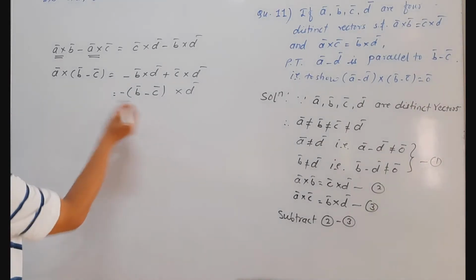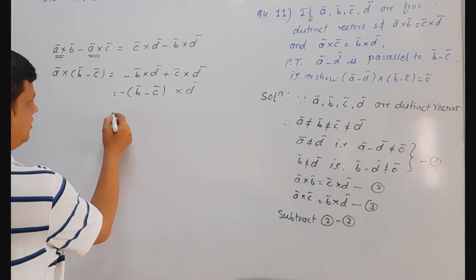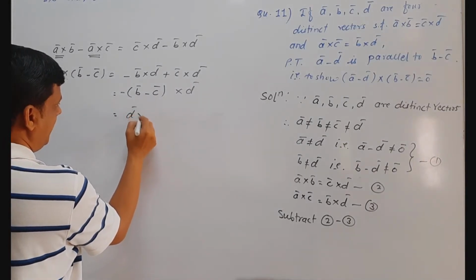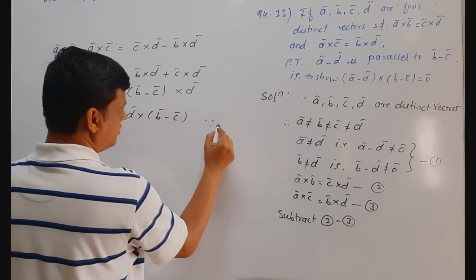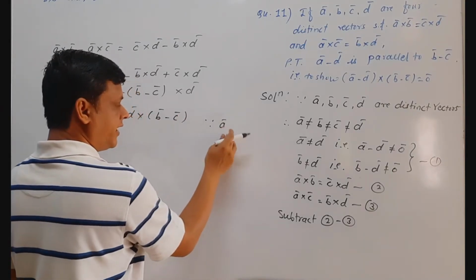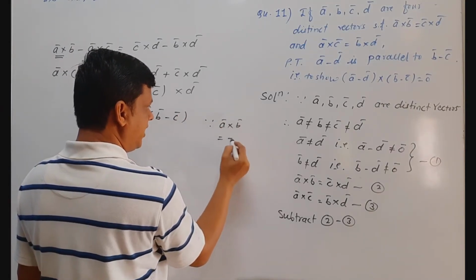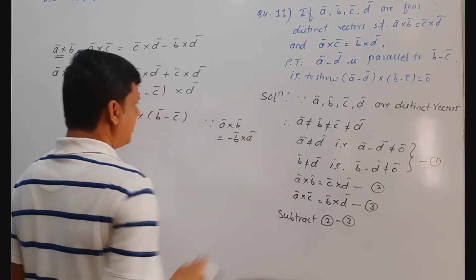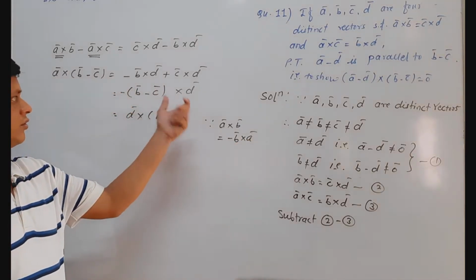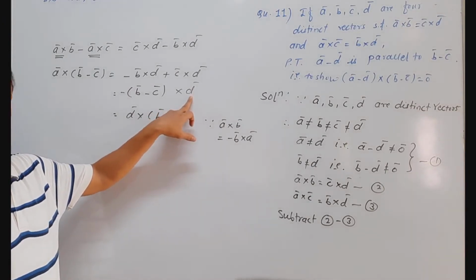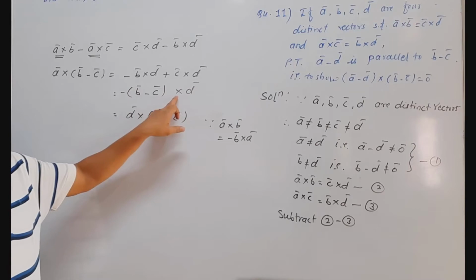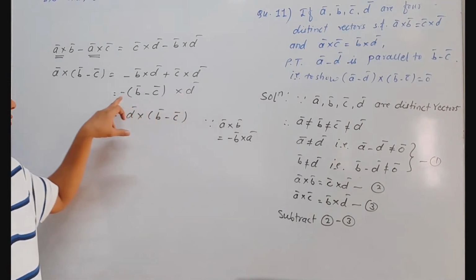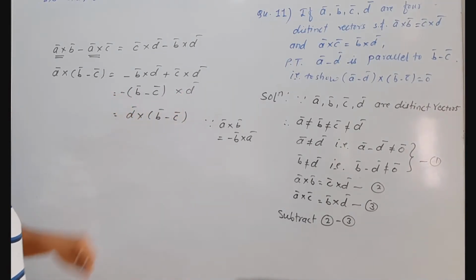So we use d bar cross (b bar minus c bar), because when we interchange vectors, a bar cross b bar can be written as minus b bar cross a bar. So we interchange these two vectors, writing d at the first position, and the cross multiplication changes the minus sign to plus.